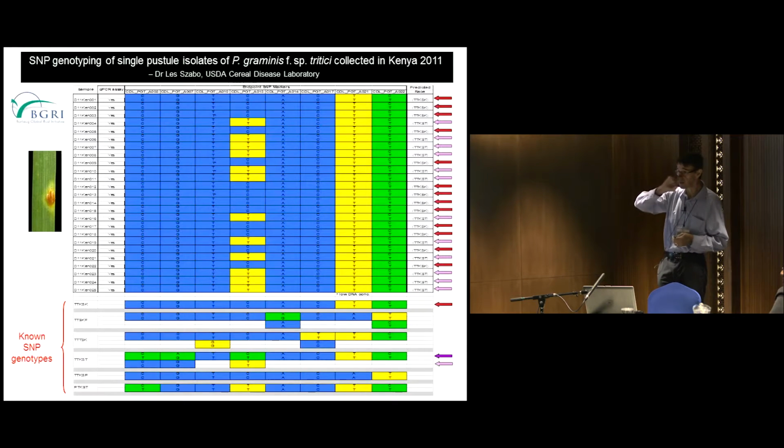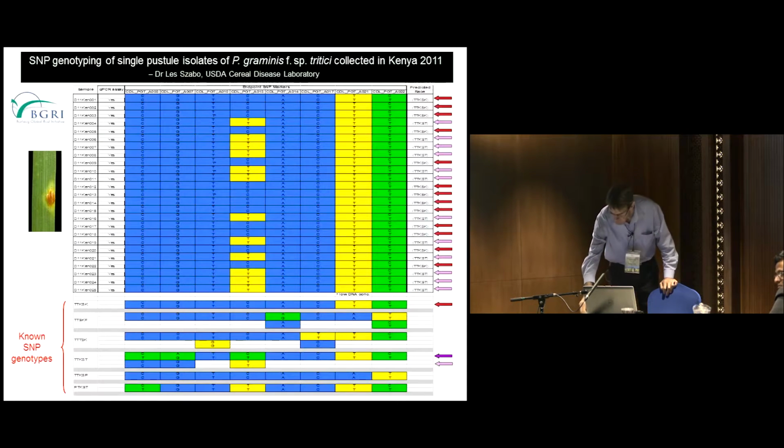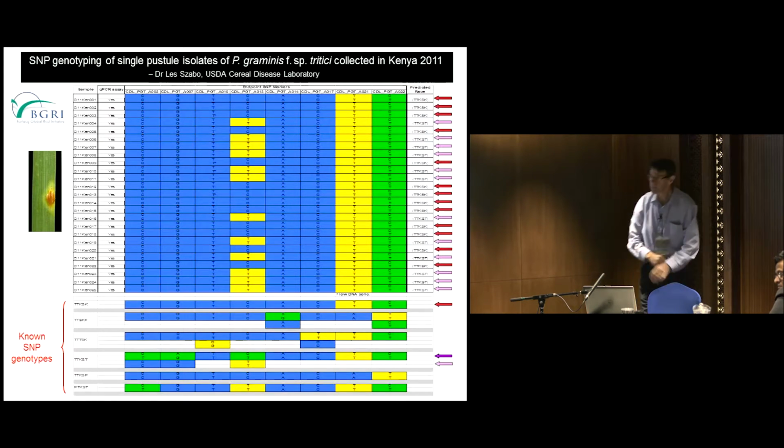Do you want to add anything to that? These are slides from 3 or 4 years ago, and Les has actually developed this to an even further refinement now. What Les is finding now is an increasing number of different genotypes within the same race phenotype.